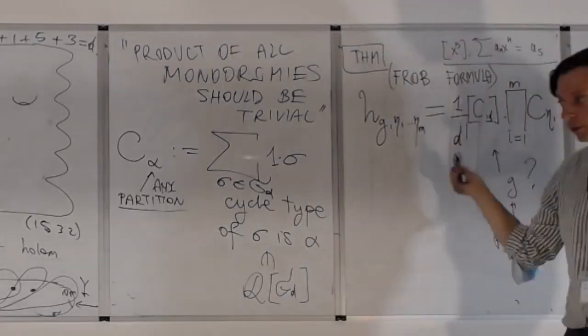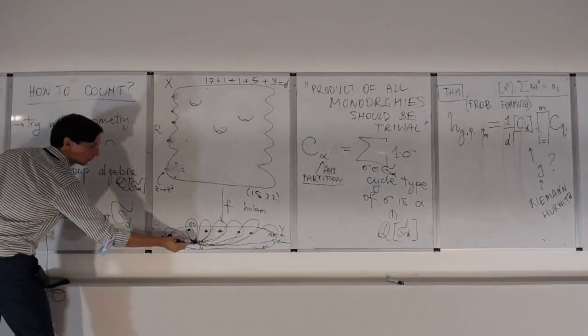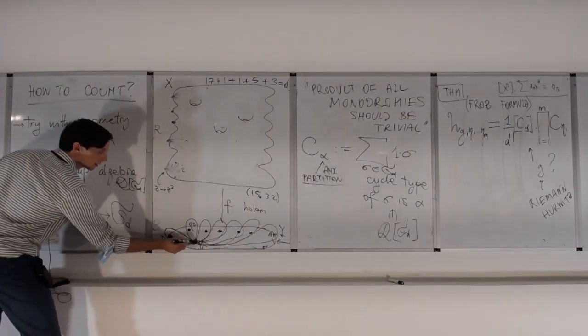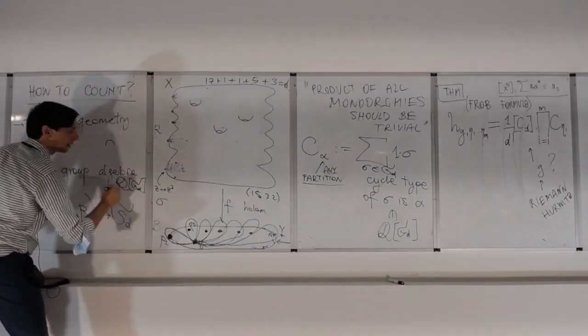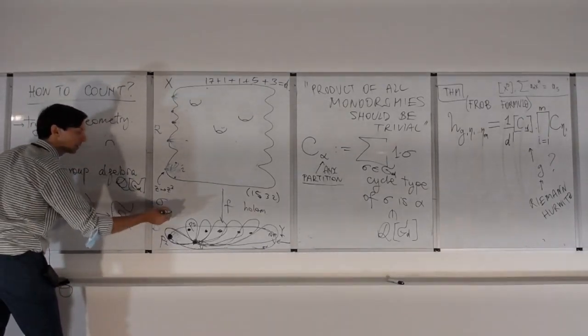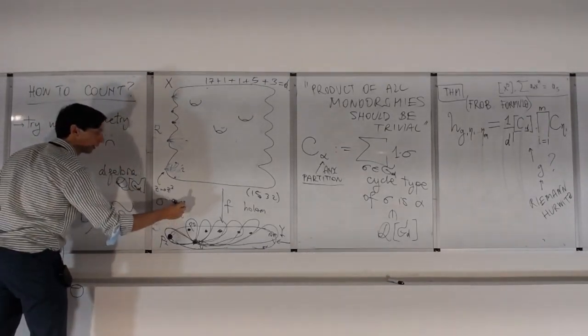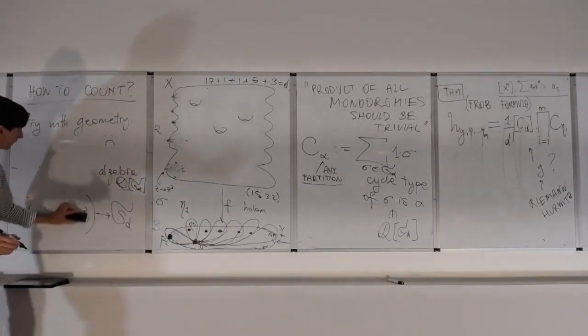So what you're doing is taking this branch point over here, you go with a loop around this, and then you pick up some sigma that is of cycle type, that is one of the summands of eta 1. Let me write it.